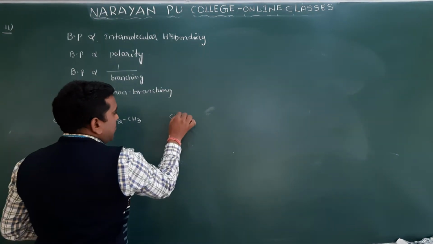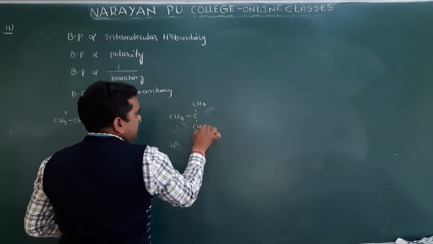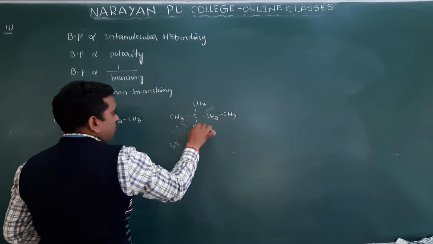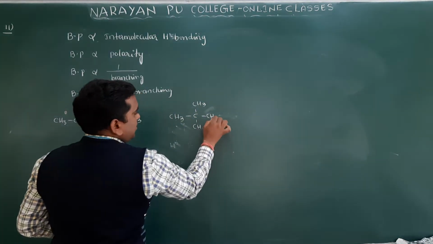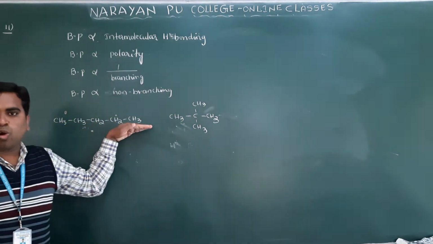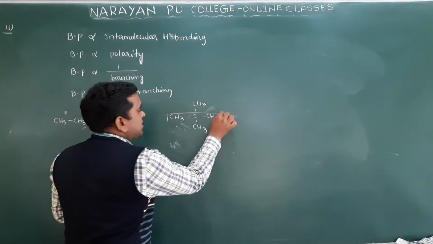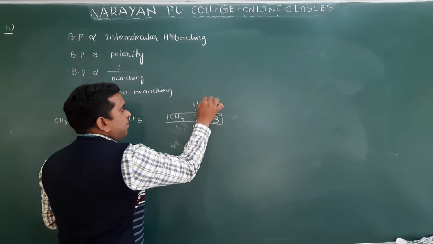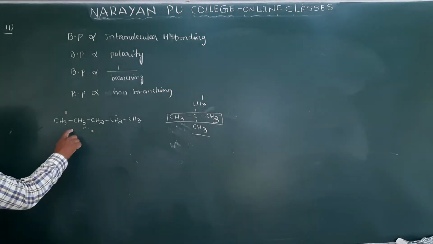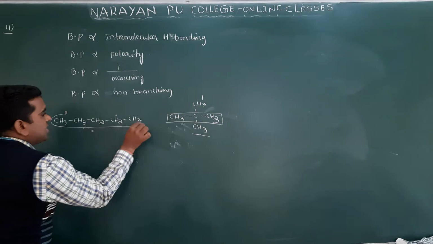Next, I will write the same molecule in this way: CH3, CH3 and CH2, CH3, with carbons numbered 1 to 6. You see, this one is a molecule with no branching, a straight line. But here there are branches. Clear? If there is no branching, this is the surface area of this molecule.